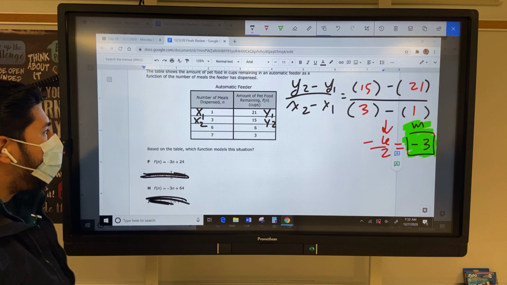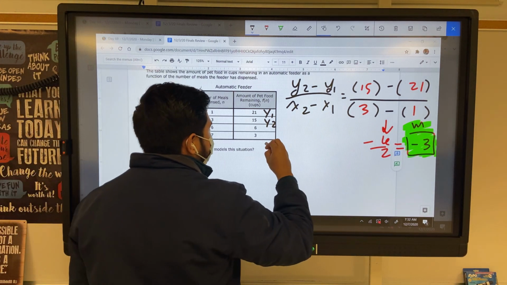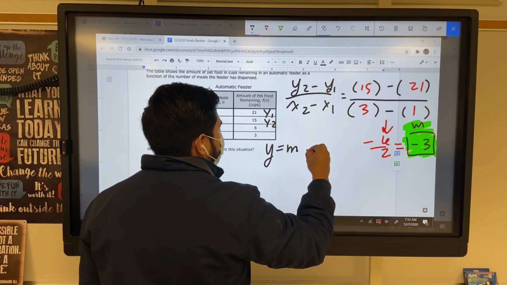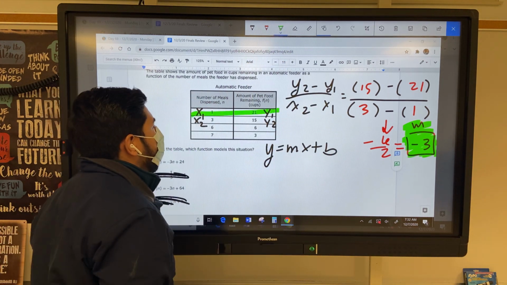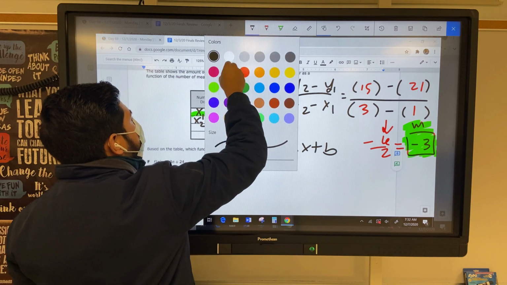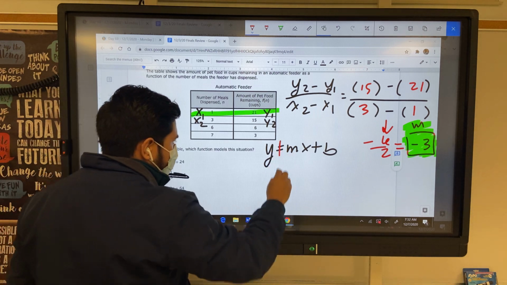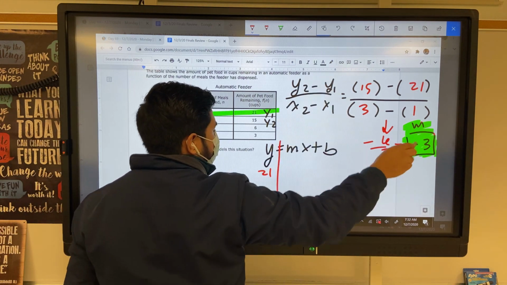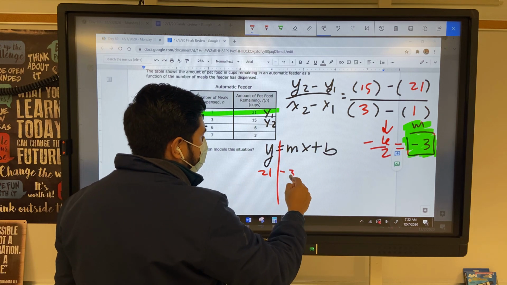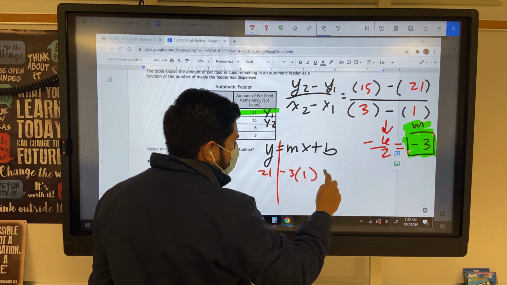After you find the slope, then we got to put in the y equals mx plus b and solve. Remember, I like to use the first point, and we substitute. Who's my y? 21. Who's my m? -3. Who's my x? 1 plus b.